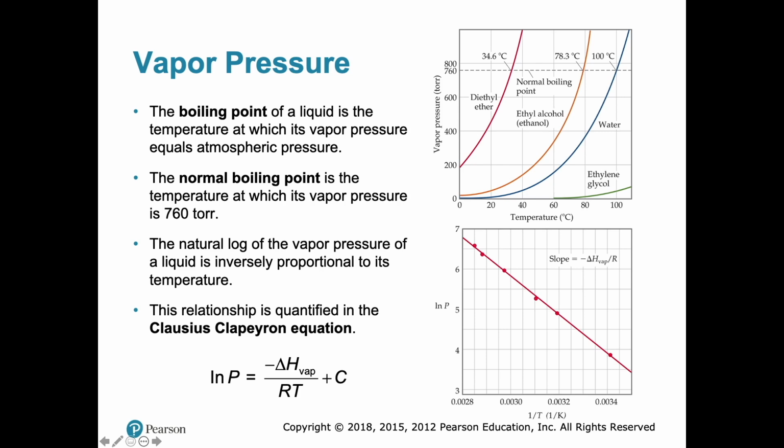And notice as the temperature increases, the vapor pressure increases until the vapor pressure is the same as it is in the atmosphere, which is 760. So 760 vapor pressure for water is at 100 degrees Celsius. And guess what? The boiling point of water is what? 100 degrees Celsius. Does that make sense? So the boiling point is literally where the vapor pressure of the liquid equals the pressure of the atmosphere.